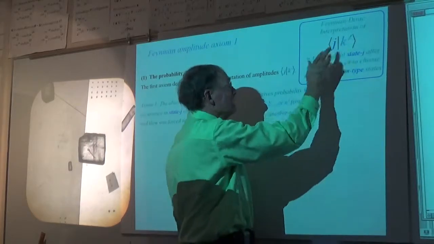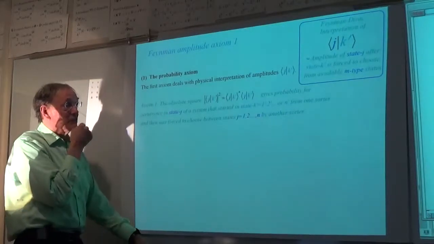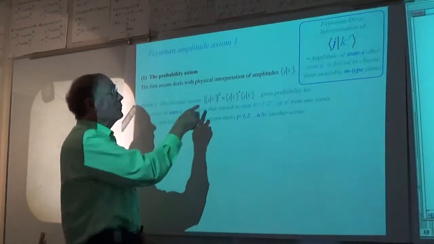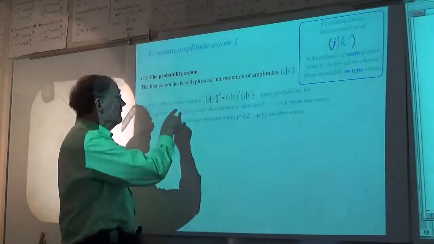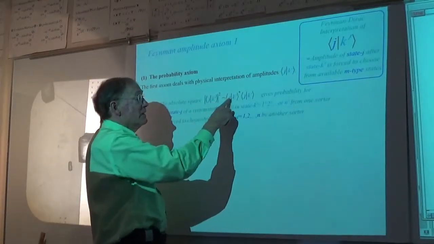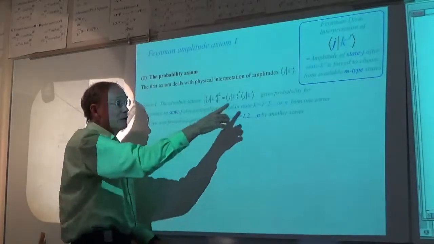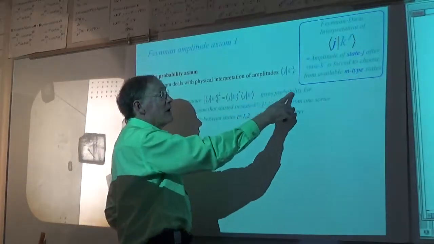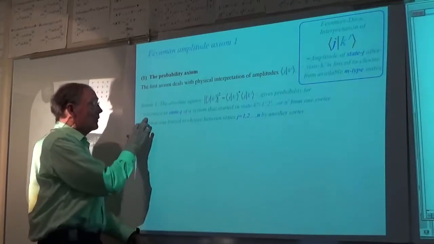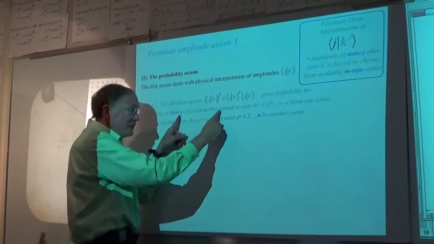See, this amplitude, like our sines and cosines that we worked out before, is going to be squared. This is the axiom: the absolute square, and these are complex numbers because they're wave functions, just like we were talking about a few minutes ago, gives the probability for occurrence in this state j of a system.